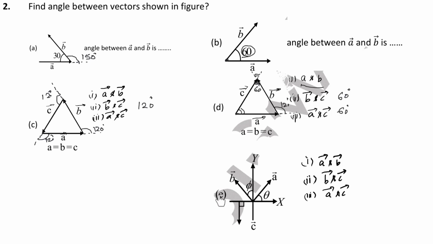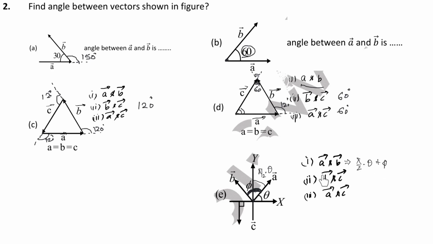Now figure E, first part, the angle between A and B. We need to find this angle. Head and tail of vector A and vector B coincide. So this angle will be 90 minus theta. So the angle between A and B is 90 minus theta plus phi.